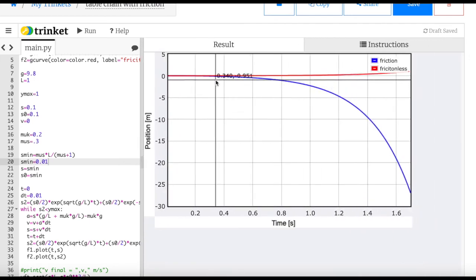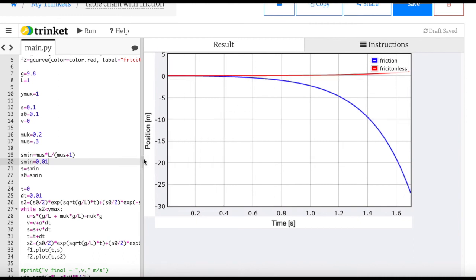Ooh, it actually went backwards. So in this case, the chain does not fall off the table and it goes backwards, because you got to realize I put in there an expression for the friction pulling it opposite. But if it stopped and the friction is pulling opposite, it's actually going to accelerate it backwards, and that wouldn't really happen. So really, your model for friction, I assumed the direction, and if the direction's 0, then it doesn't work. So you can fix that.